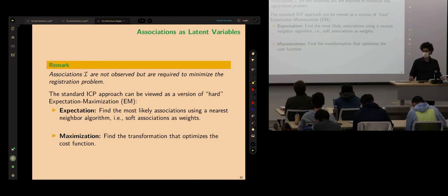Expectation is when we softly recover the association, instead of one-to-one, we do many-to-many. Find several points in the neighborhood that are possibly associated and weight them by their categories and information that comes from segmentation. In the maximization step, just solve the maximum likelihood problem, as usual. So EM, or expectation maximization, is a general framework, and that's what we are applying to the problem here.